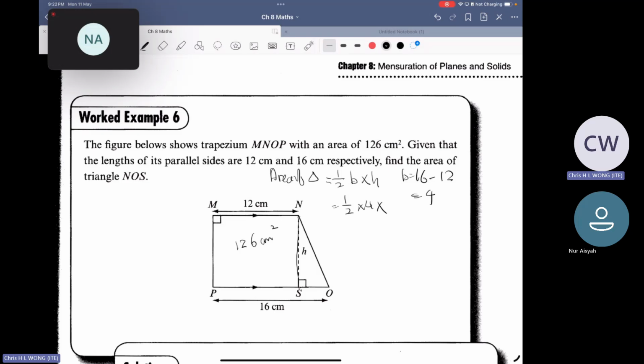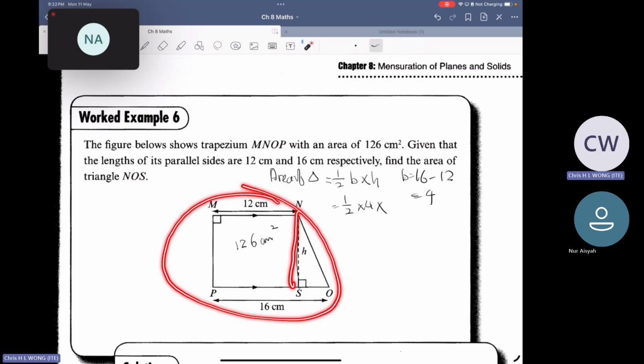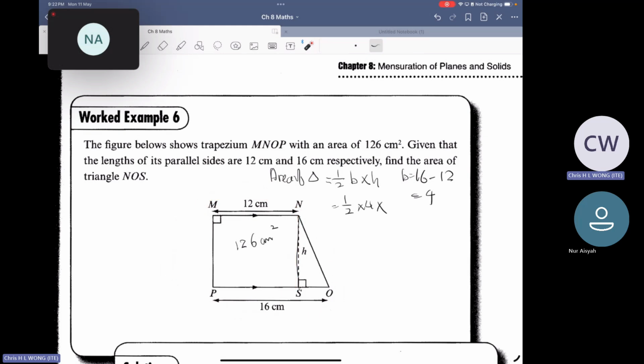But if I make use of the trapezium to find the height of the trapezium, which is also the height of the triangle, right? Isn't it? So I just use the trapezium, which I know.